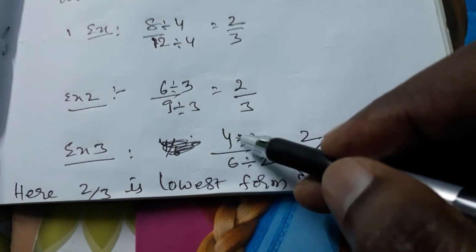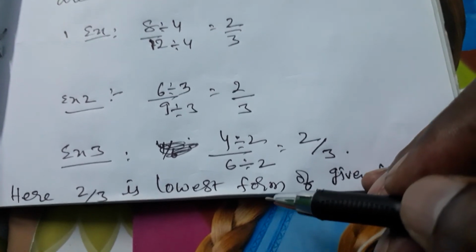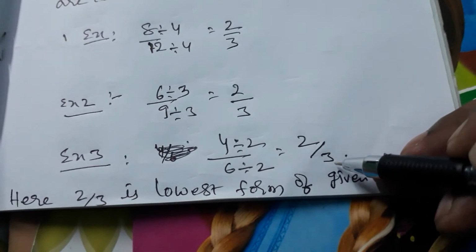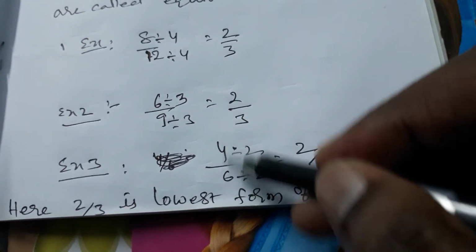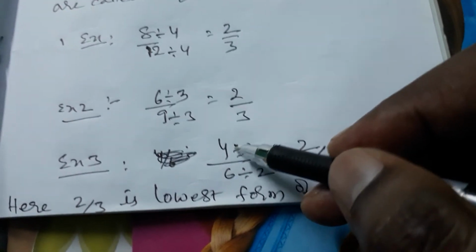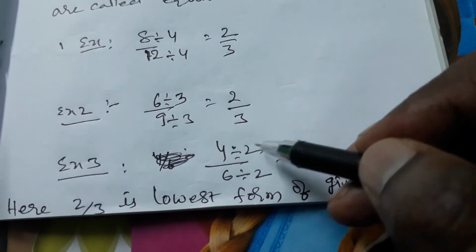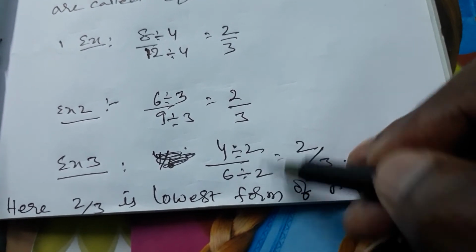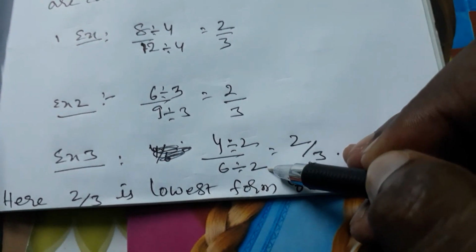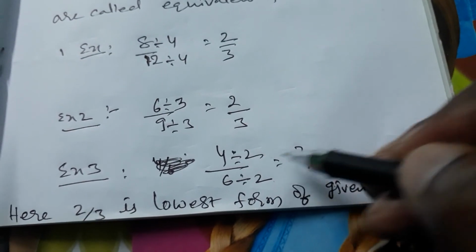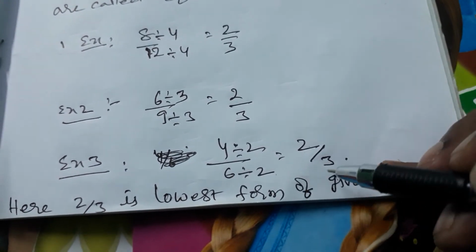One more example, 4 by 6. I ask you to write the lowest form of 4 by 6. How to write it? Is there any table possible in both 4 and 6? The table of 2. So I divide both numerator and denominator with 2. Then you will get 4 divided by 2, which is 2, and 6 divided by 2, which is 3.